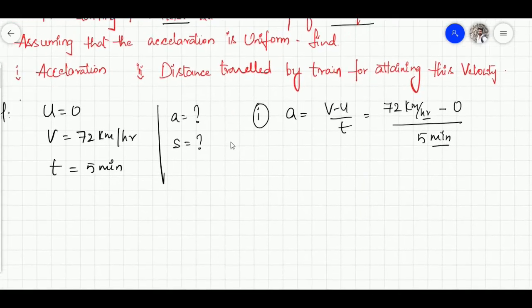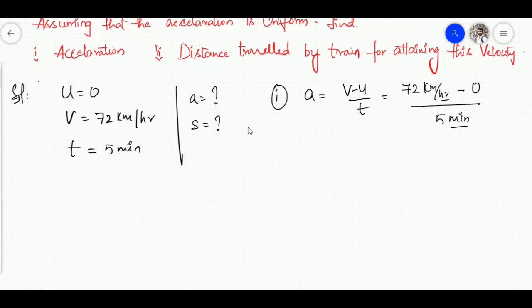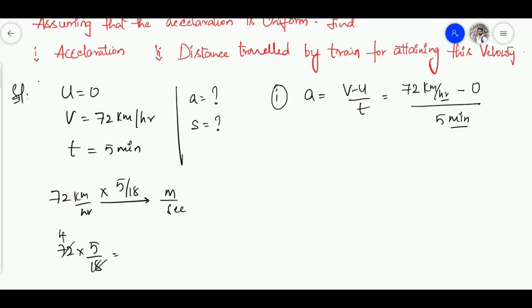And that is the standard anyway. 72 km per hour, I need to convert this into meter per second. I have to multiply with 5 by 18. 72 into 5 by 18 gives 20 meter per second. That gives 20 meter per second minus 0 by 5 minutes.